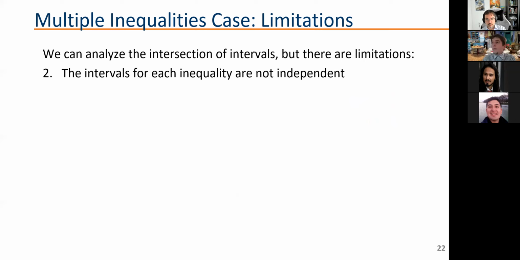The second one is that these intervals are not independent. Let's suppose that we are okay saying, let's calculate the interval for each constraint and look at the intersection. We know that we're going to miss stuff, but we don't care. It's good if it stays more or less where it is right now.